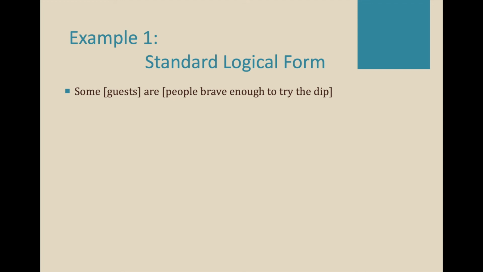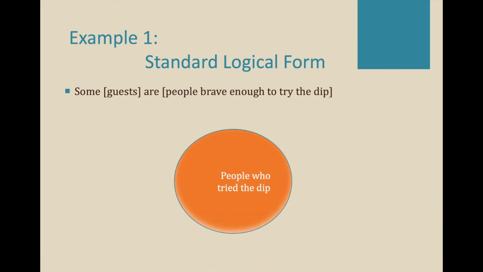That's the statement in standard logical form. And here's how it would look visually. People who tried the dip, guests, and which guests are we talking about? The guests in the overlap section. Some guests are people brave enough to try the dip.